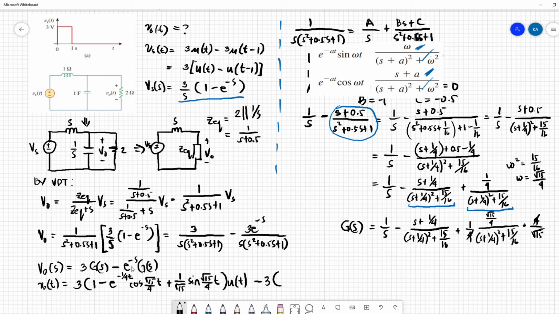And minus 3 times, since our Laplace transform is multiplied with e to the negative s, we have a time shift of 1.